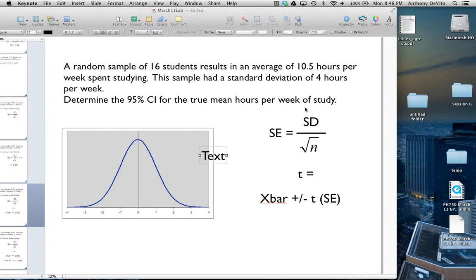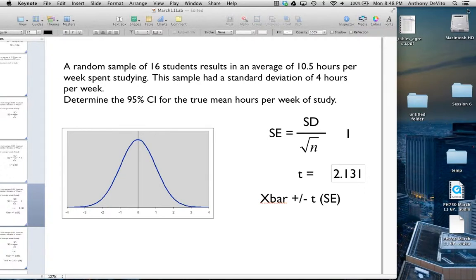I'm going to go ahead and type those in there. That's equal to 1. This is equal to 2.131. So the next thing we have to calculate is our margin of error.